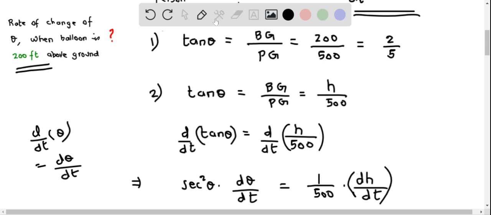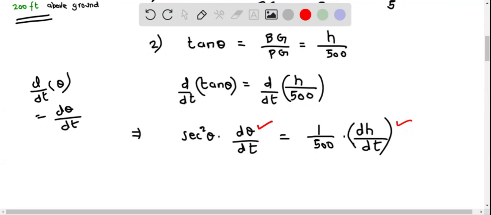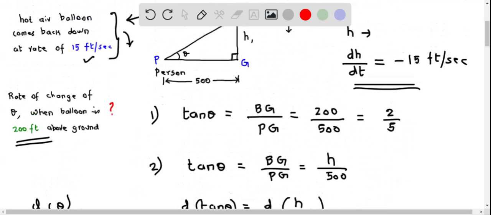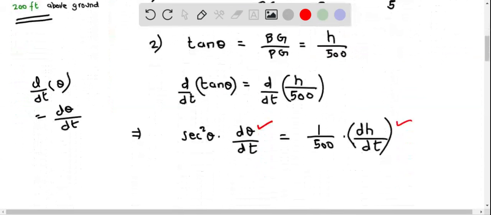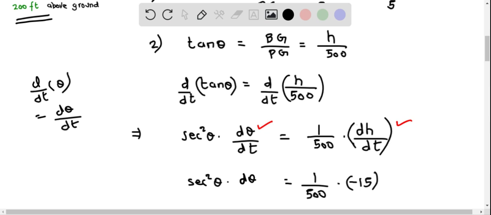From this equation, we are trying to find d theta over dt. So let's substitute dh over dt, which is negative 15. This side becomes 1 by 500 times negative 15, equal to secant square theta times d theta over dt.